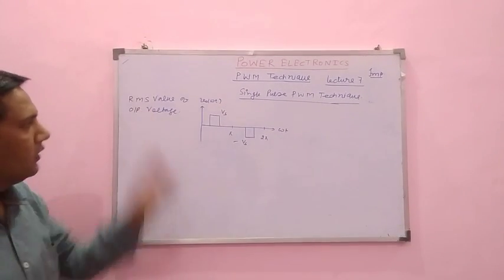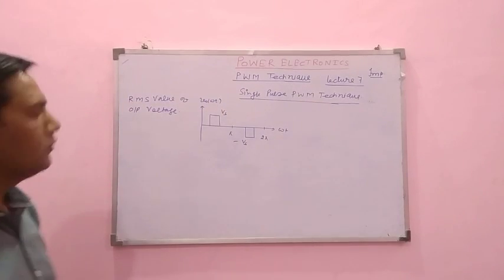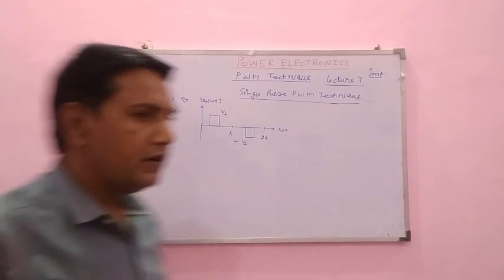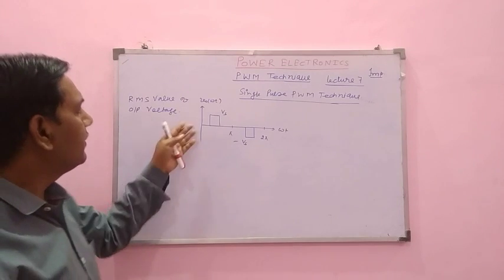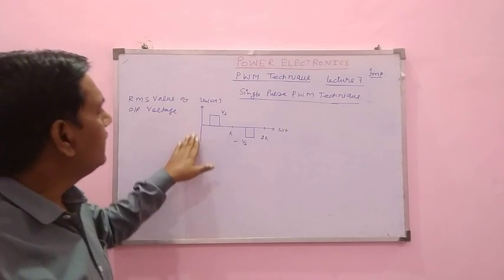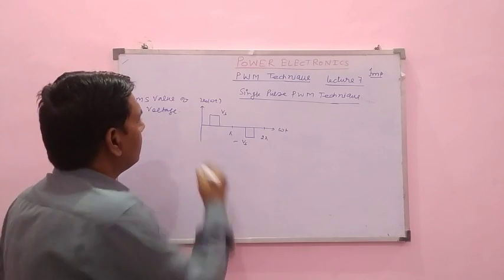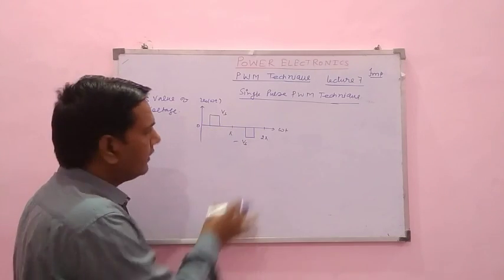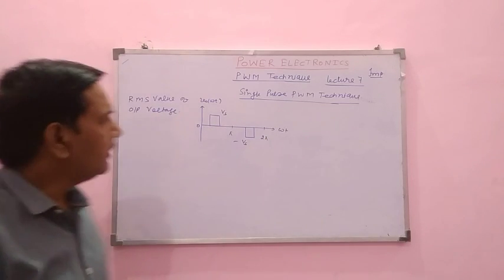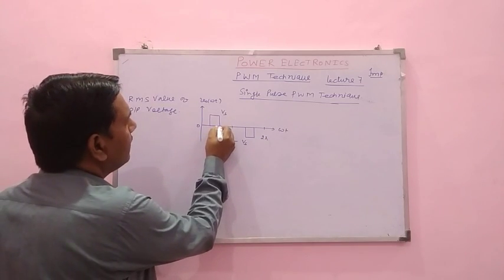So now we have to calculate the RMS value of output voltage after PWM technique. After PWM technique we have got the output voltage waveform like that. This is 0 to pi, this is half cycle, and pi to 2 pi, this is next half cycle. So we have to calculate the RMS value.